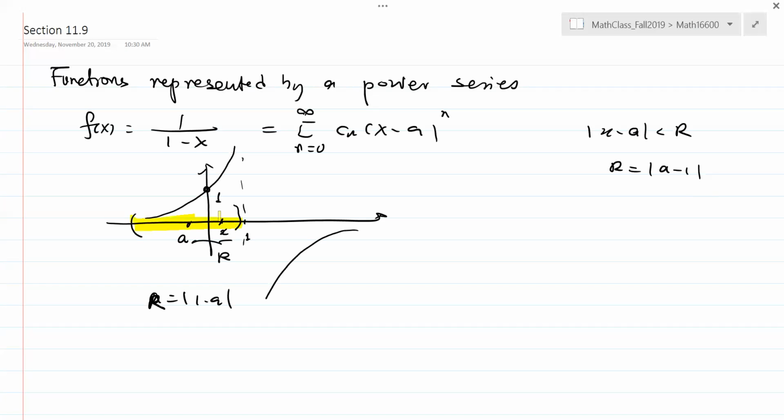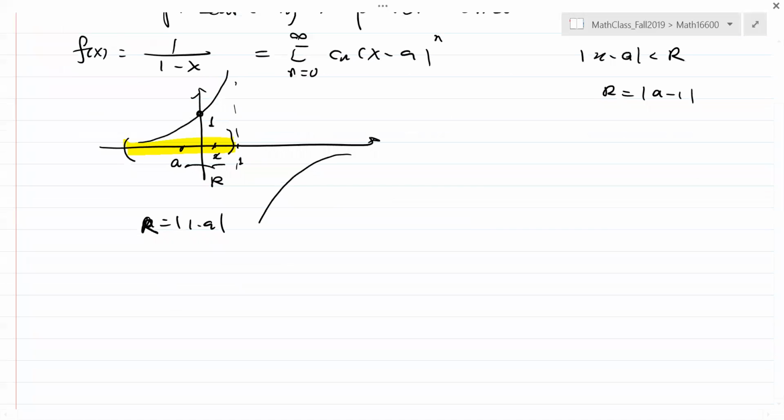So if x is not in this interval, the right-hand side power series you get is going to be divergent. I forgot the expression. In my last lecture notes, you can see the c_n, which we already defined.